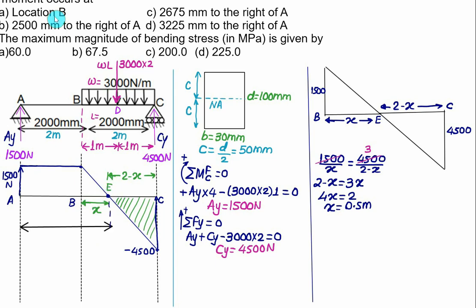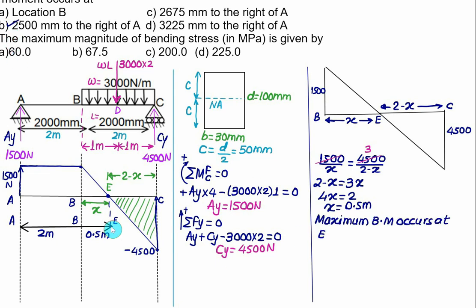In the first part you have to calculate the location. This distance is equal to 2 meter. The distance from B to point E is equal to 0.5 meter. It means that from point A the total distance is equal to 2.5 meter. That is, choice B is correct.